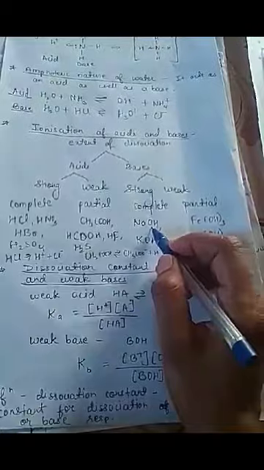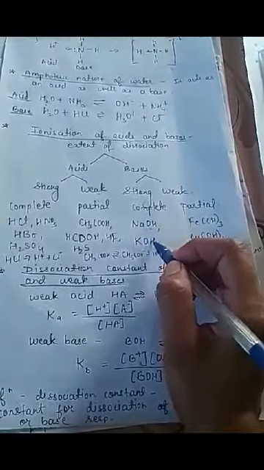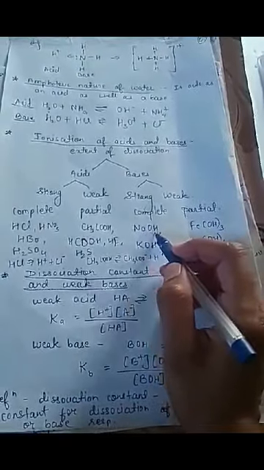Same way, bases are strong and weak. Strong bases again are completely dissociating substances, and weak bases dissociate partially. Strong bases like strong alkalis, dissociation always takes place in aqueous solution. So NaOH, KOH, they are alkalis, bases which are soluble in water. NaOH dissociates completely into ions like Na plus and OH minus, KOH is also the same, K plus and OH minus, therefore they are strong bases.